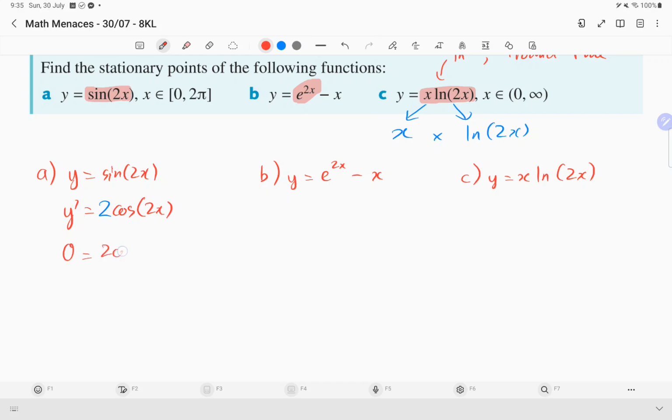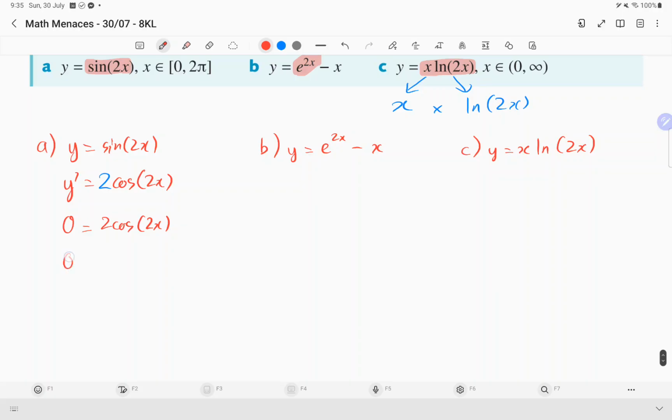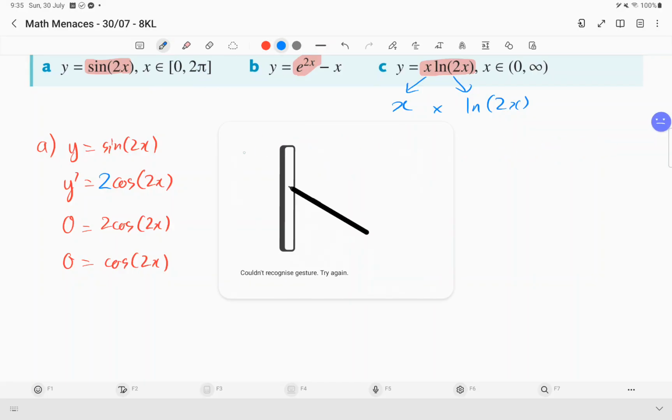When you set that equal to 0, and then you divide both sides by 2, how do we solve this one? Note that we've got a domain. We need more space. So the domain is x between.